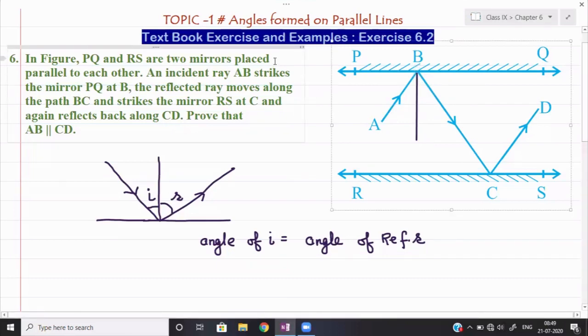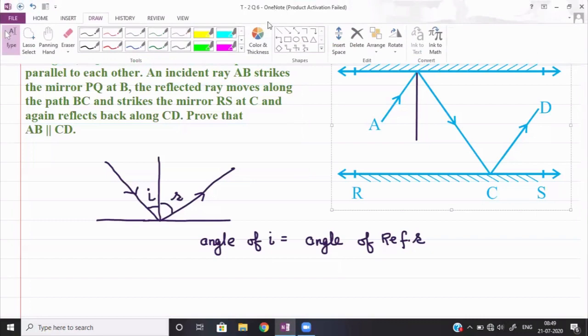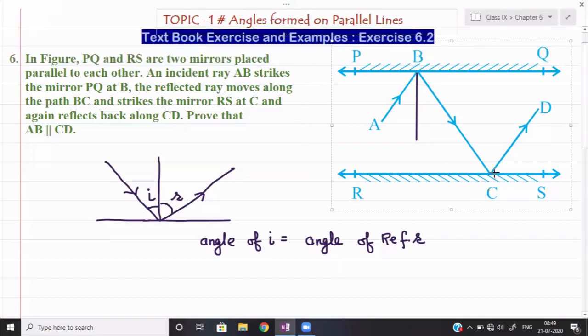Okay, then once again I will draw one more line from here. A little bit I will adjust. Yes, perfectly. Now since this construction we have done, I have drawn the perpendicular on line PQ at B and another perpendicular on line RS at C.